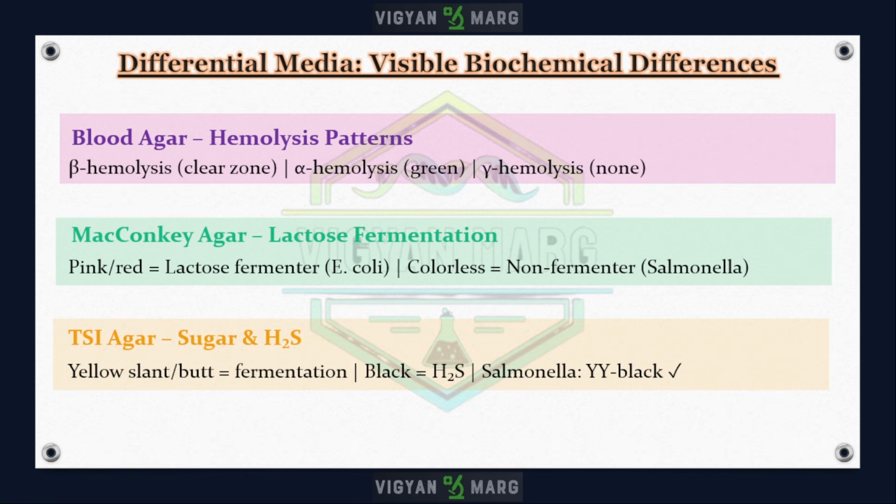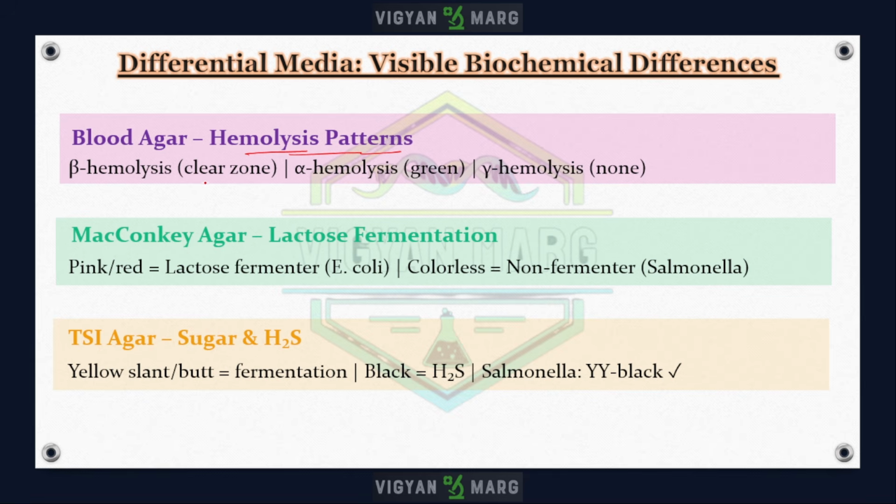If we move on to the next slide, there is differential media, showing visible biochemical differences. On blood agar, the key differential feature is hemolysis. I will show you the pictures of the hemolysis patterns, then you will get a better understanding.